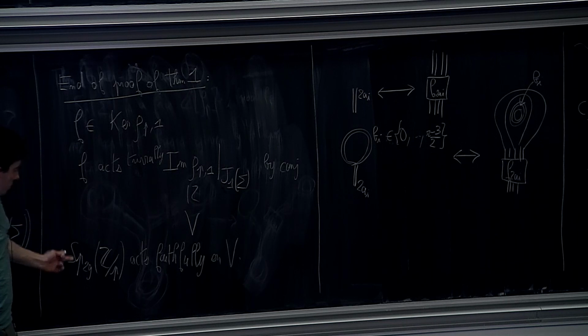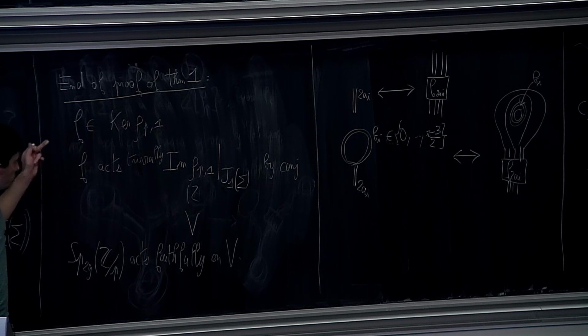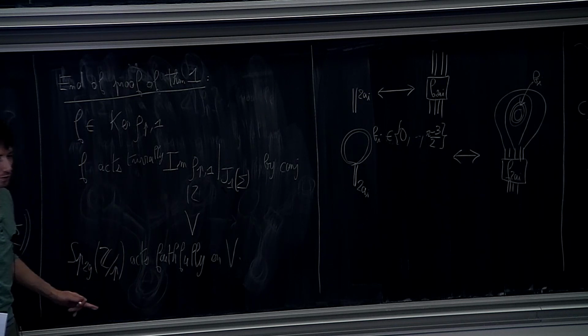But that means that it should be in the kernel of the map from the mapping class group to Sp2g of Z mod p.